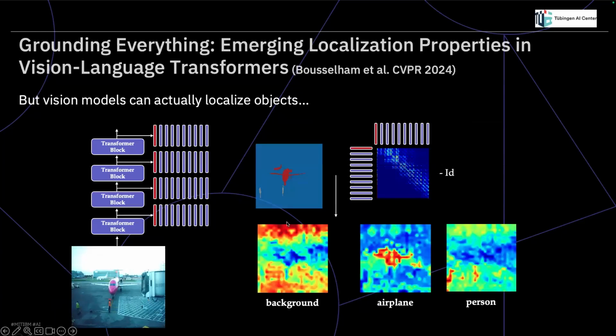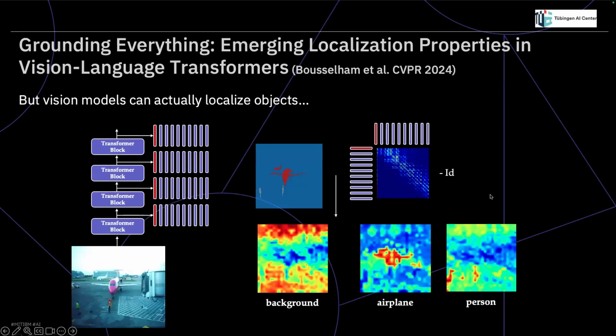And you can also check that, because when you take the image tokens and, for example, take a token from the airplane region and compare this token to all the other tokens, you see that technically the right tokens already start to light up. Or the same if you take tokens from the persons on the tarmac, and compare those tokens to all the other tokens in the image, you see the humans are lighting up pretty nicely.